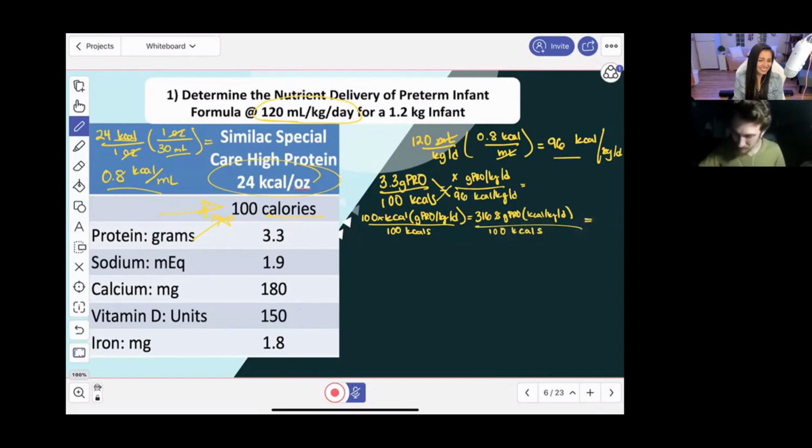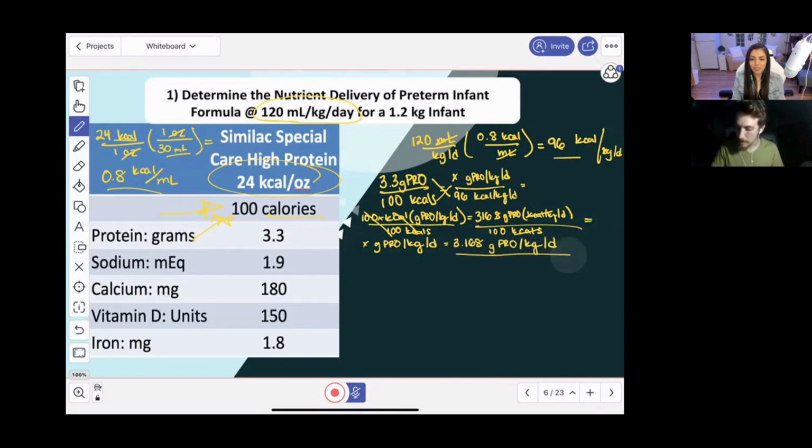And then once we do this, remember this is going to cancel, and we're left with x grams of protein per kilogram per day is equal to 3.168, and then the kcals are going to cancel. Grams of protein per kilogram per day.